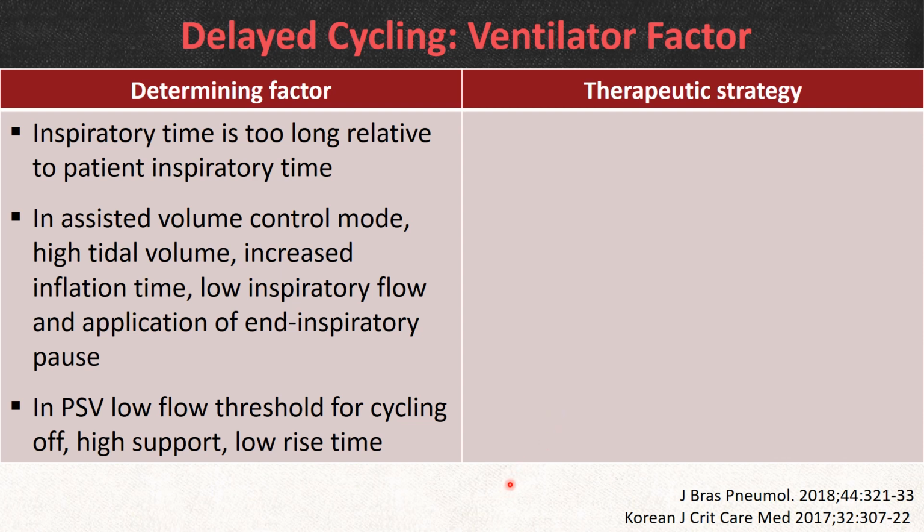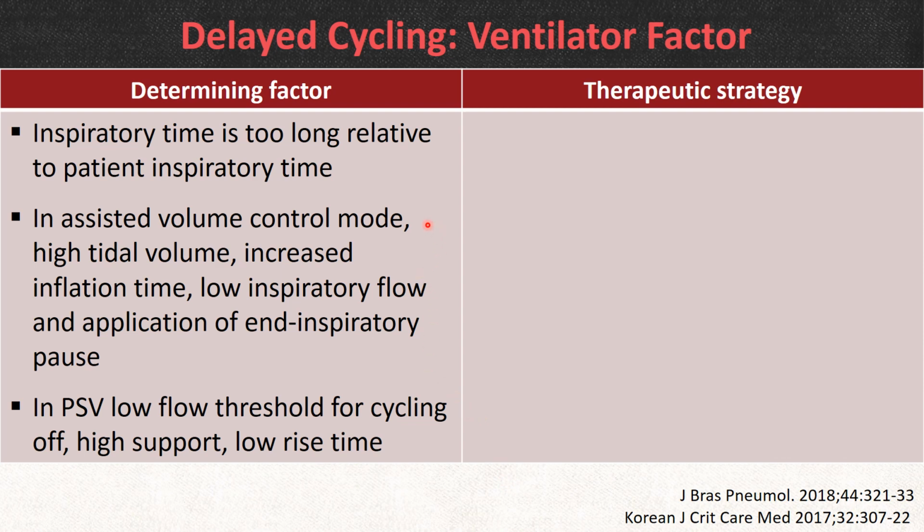Then is delayed cycling. It is the opposite of premature cycling, where inspiratory time is too long relative to the patient's inspiratory time. That means the patient completed his inspiration, but the ventilator is still continuing the inspiratory phase.